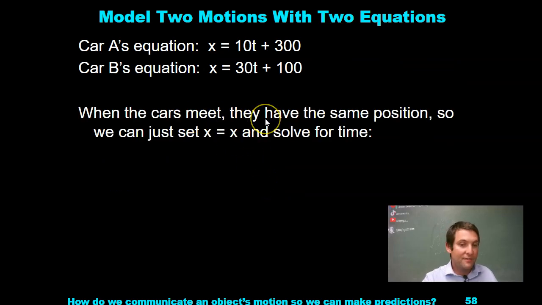When the cars meet, they have the same position, so we can just set x equal to x and solve for time. So both of these ending positions are going to happen at the same exact spot. If you think about this on a ruler, you start from 0 and the other car starts at the other end, 100 centimeters.